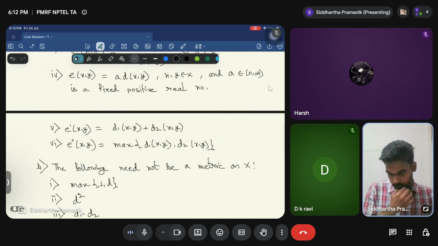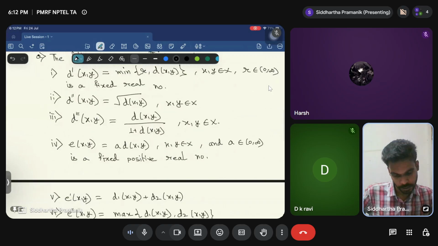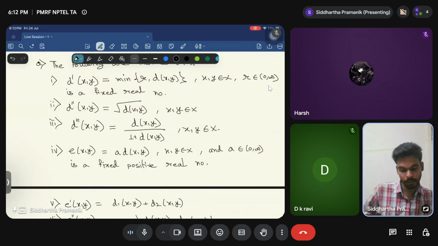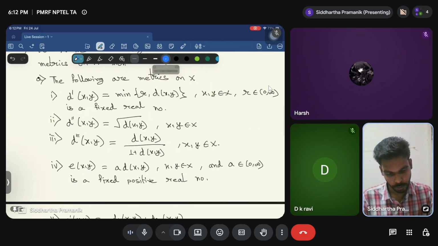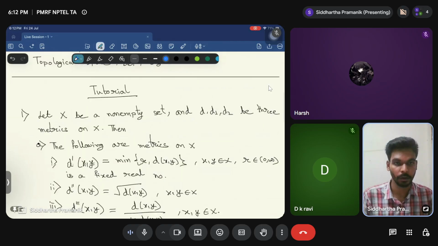Okay, so this is more or less what I want to mention. Among these, you might have seen all the proofs, but let me do a few of them, those things which you may not get in all the books.